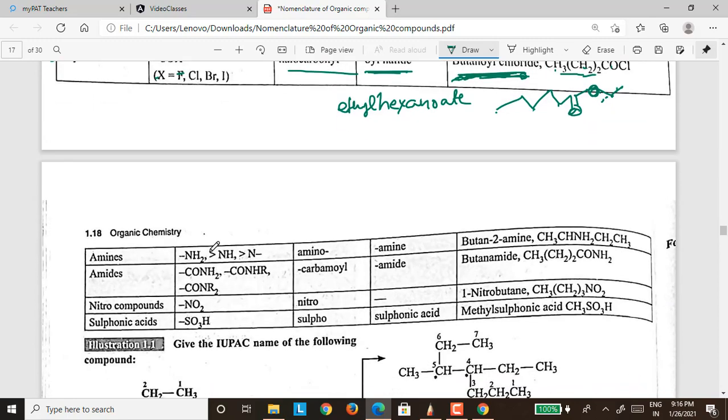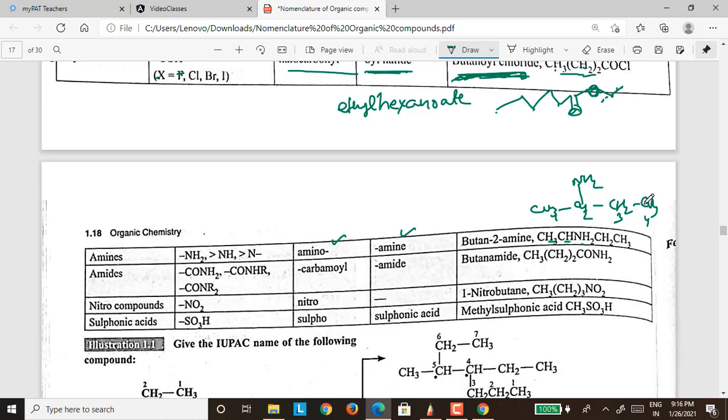Then amines. If it is an amine, then it is amino as a prefix or amine as a suffix. Now suppose CH3CH with NH2 in between, NH2 connected to CH, then CH2CH3. You give numbering 1, 2, 3, 4.